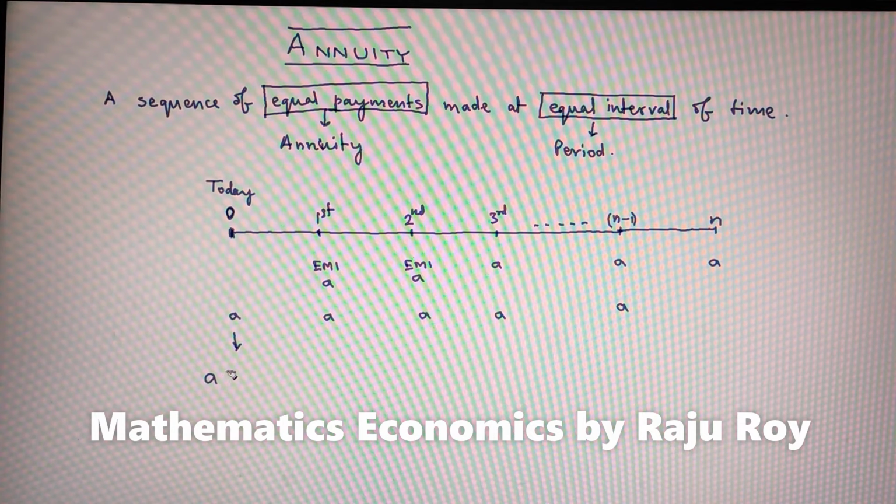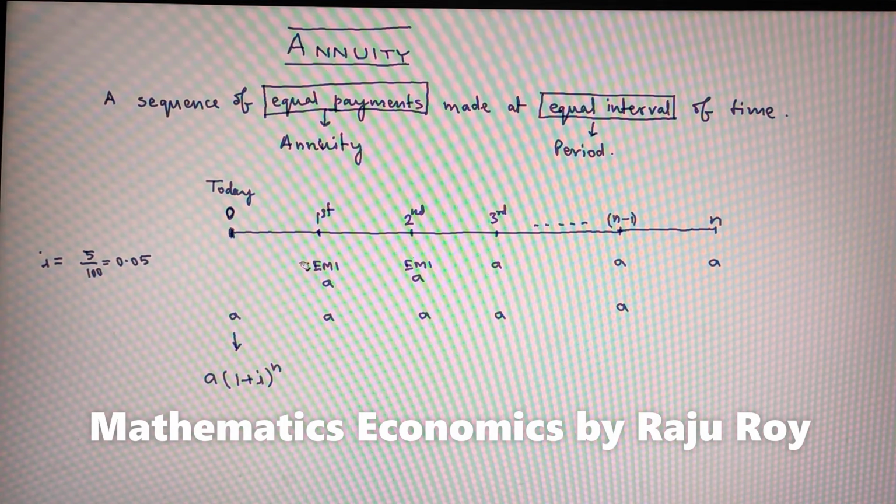If you use the compound formula, 1 plus i raised to the power n, where i is the rate of interest. Suppose 5% means 5 by 100. I am writing in decimal, not percentage, so this is 0.05.